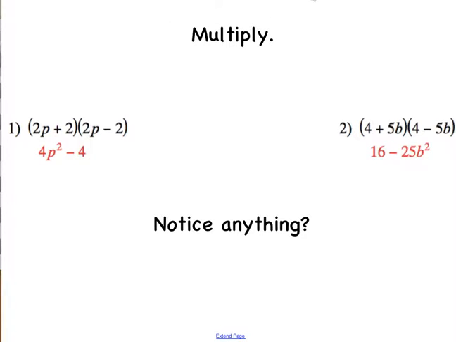These factors are called conjugate pairs. And that is going to end up helping us later.